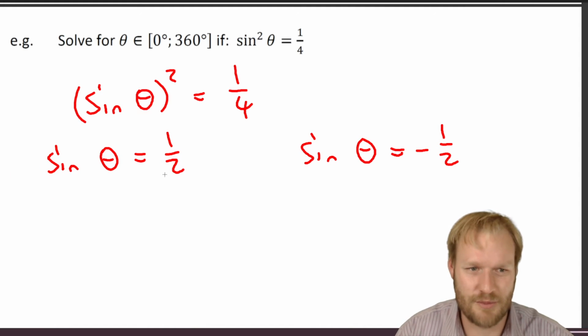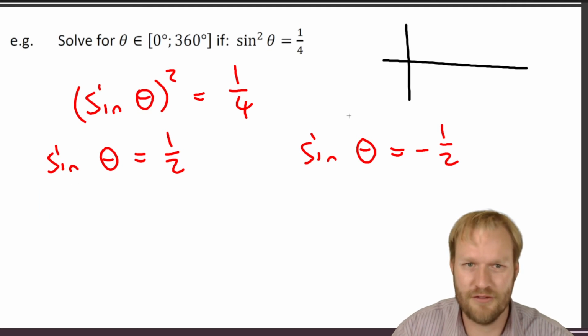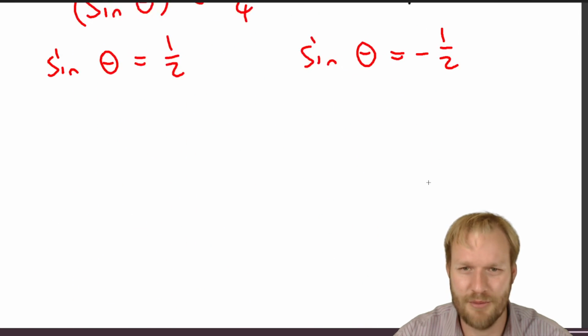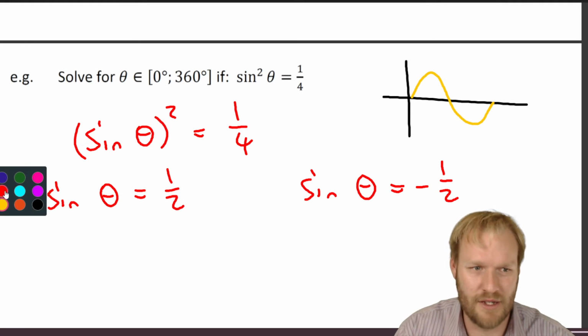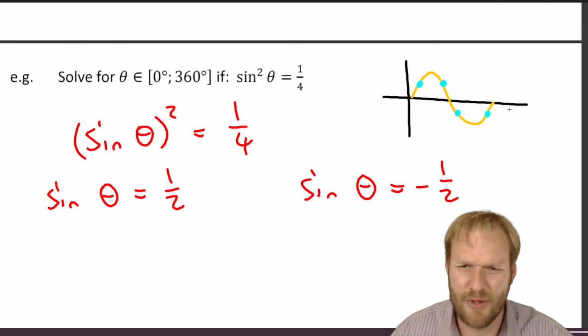Now, if you know your special triangles, you'd link your special triangles along with your sine graph. I was just thinking we were doing the cos up there. So you'd have your sine graph and we're seeing when this is equal to a half, or when it is equal to negative a half, and we can see that there are four solutions, right?